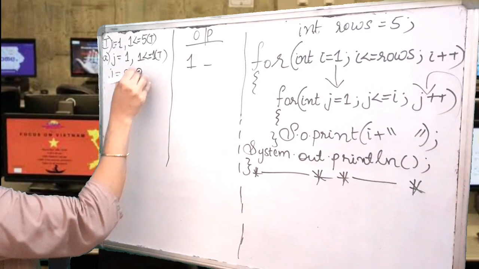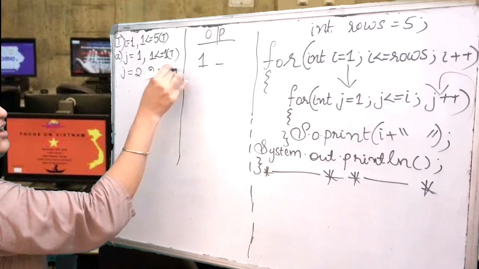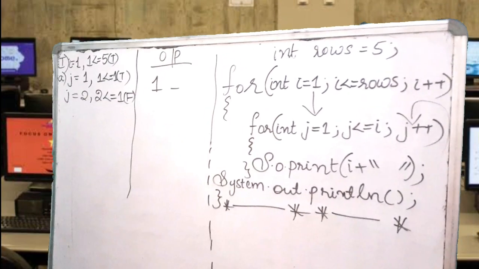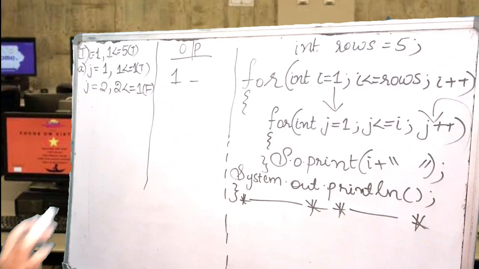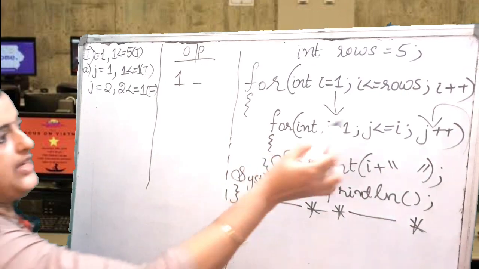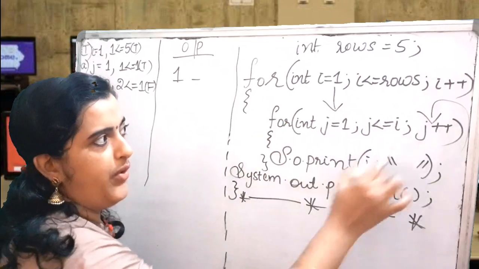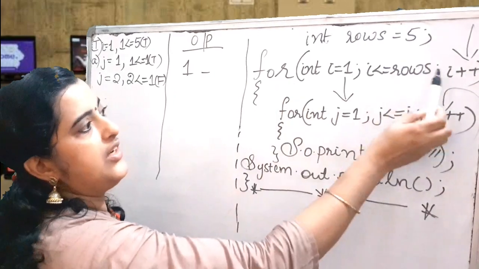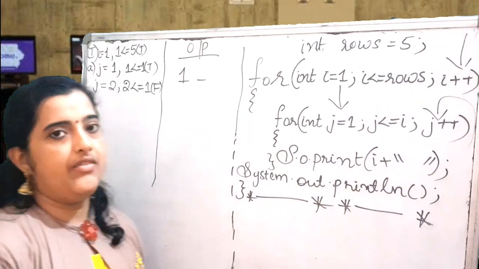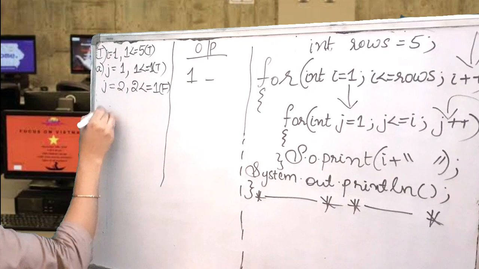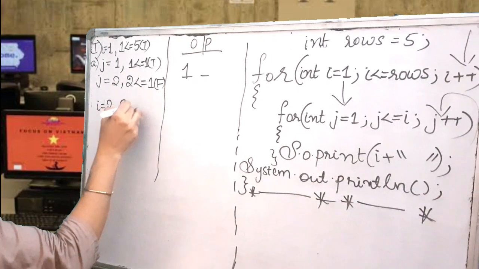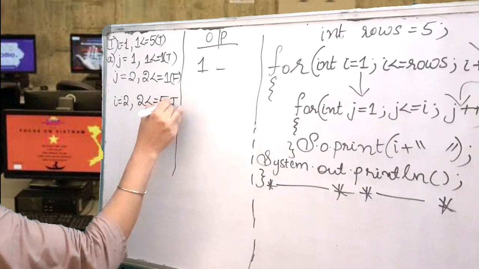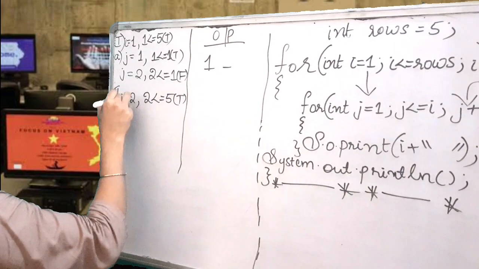When j is 2, obviously our condition becomes false, which means only the inner loop will get terminated. The outer loop is still working, which means after the execution of the loop body, updation will take place. So the outer loop variable, which is I, will be incremented to 2, and now your condition becomes 2 less than or equal to 5. Again your condition is true.